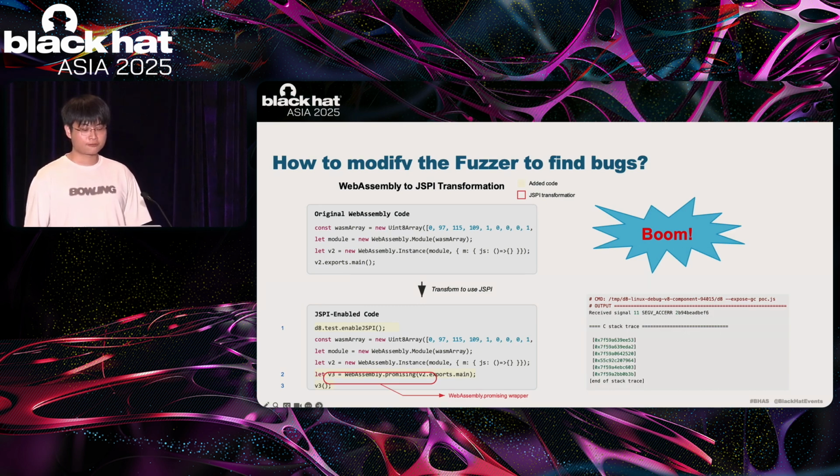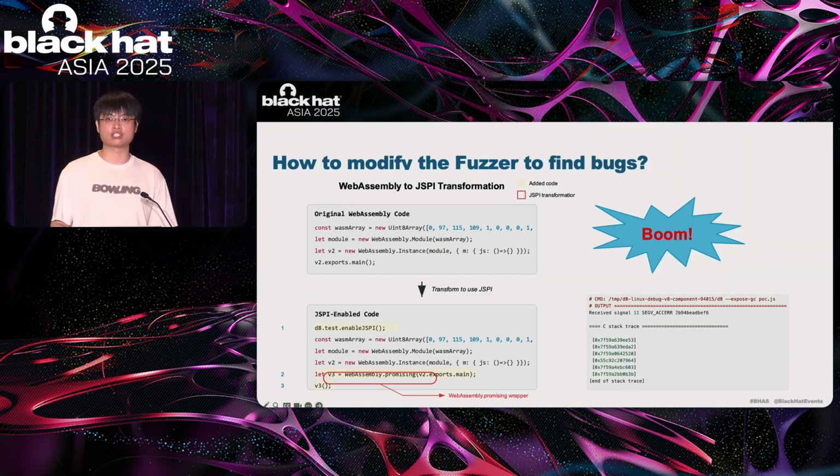Our fuzzing strategy focuses on JSPI-specific modifications and test case generation. As shown in the diagram, we take existing WebAssembly JavaScript code and adapt it to leverage JSPI by wrapping exported functions with WebAssembly.promising, adjusting instantiation parameters and crafting test scenarios that activate JSPI mechanisms in different execution states.